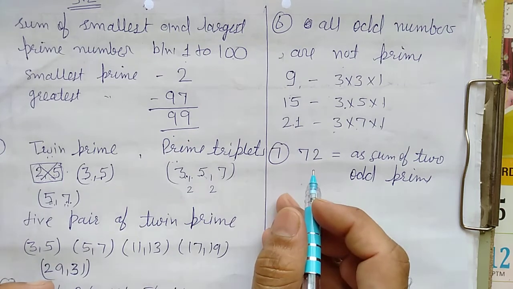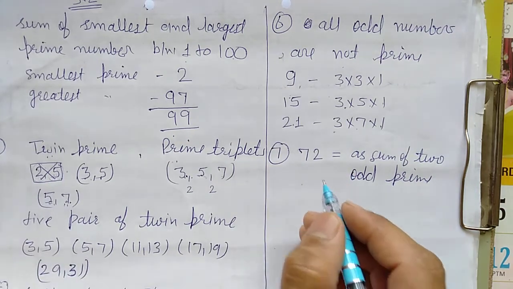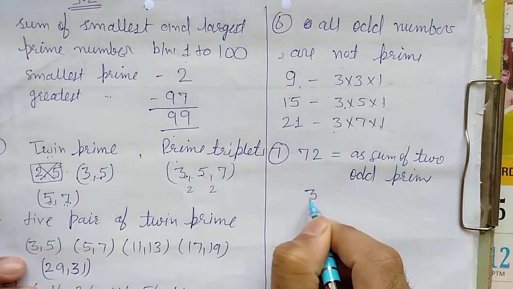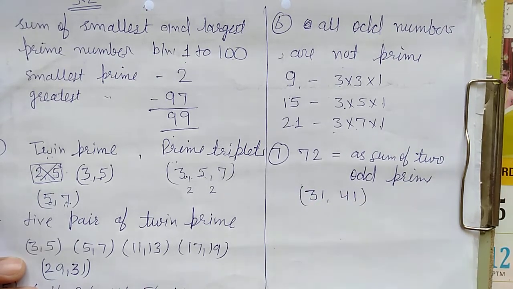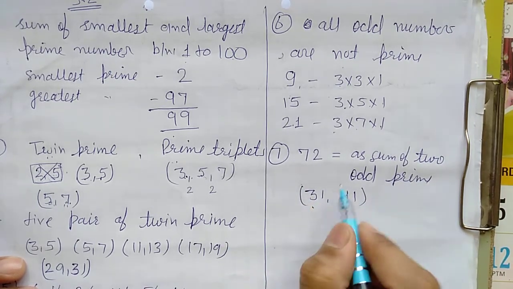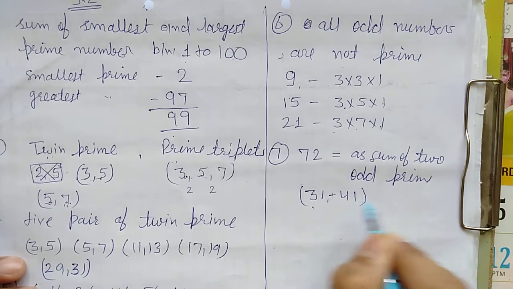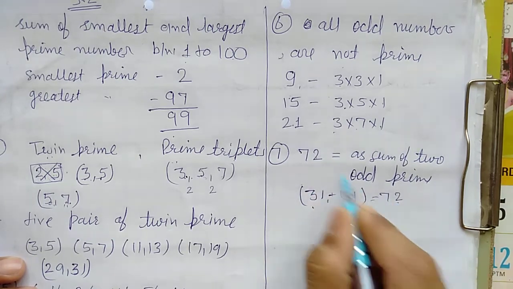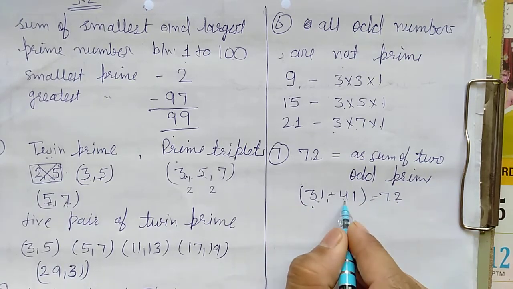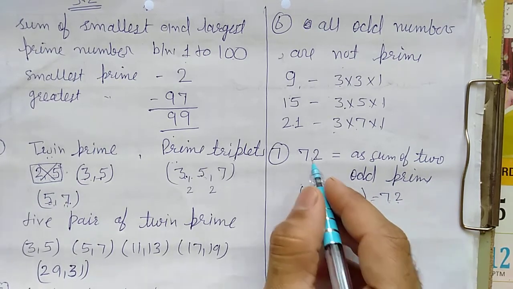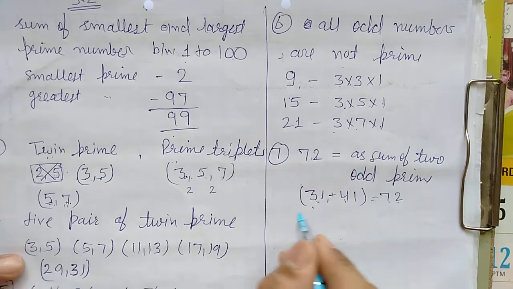You can find from all prime numbers. See, for example, I am taking one number, I am taking 31 and 41. This is the pair whose sum, now their sum is 4 plus 3, 7, 2. Is it equal to 72? Yes, this is the pair of odd prime number which is equal to 72. Their sum is equal to 72.